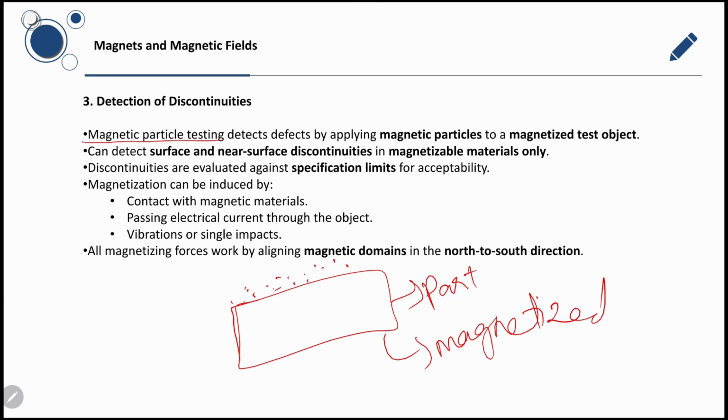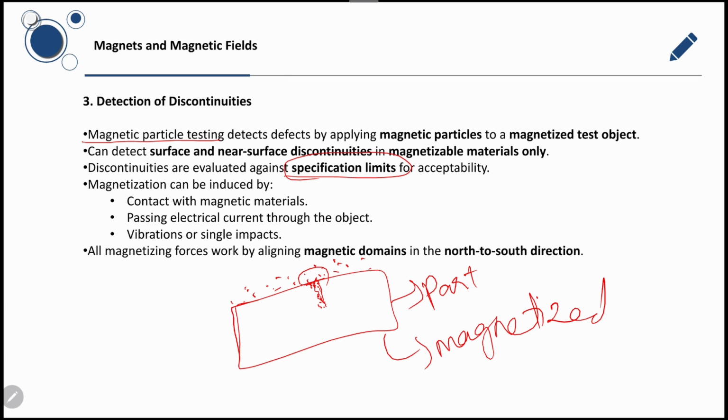If there is a crack or defect just below the surface, the magnetic field will leak at that point. So the particles gather at the leakage field, forming a visible indication of the defect. These indications are then compared to specification limits to decide if the part is acceptable or unacceptable.